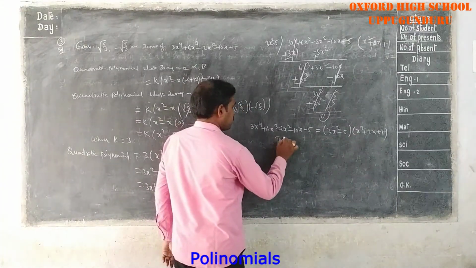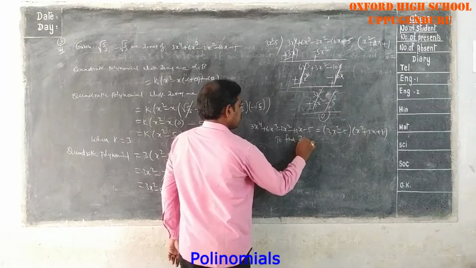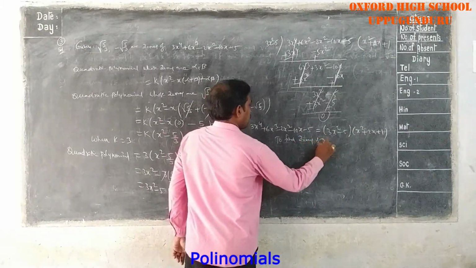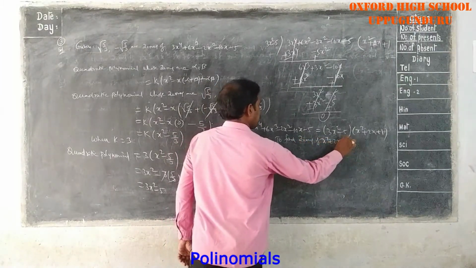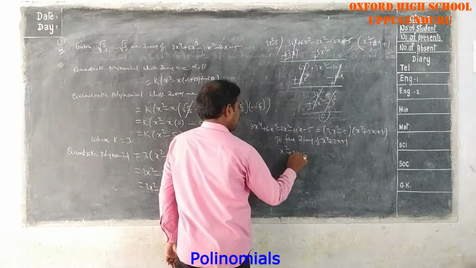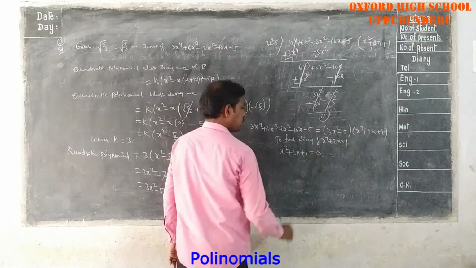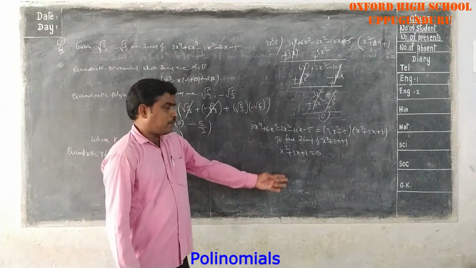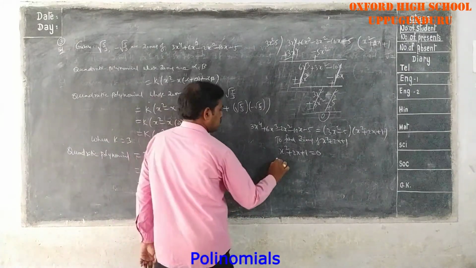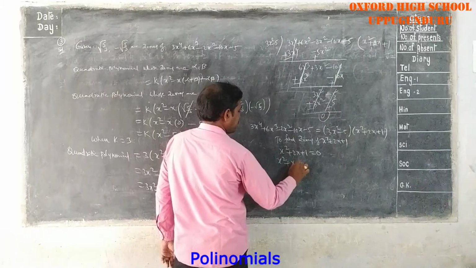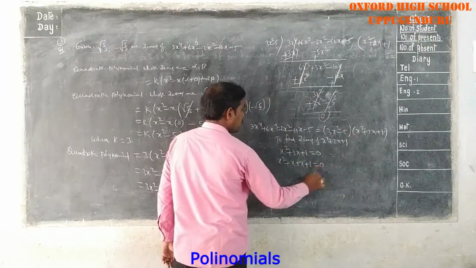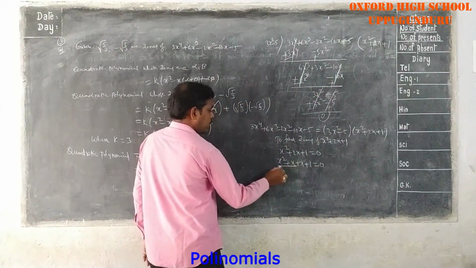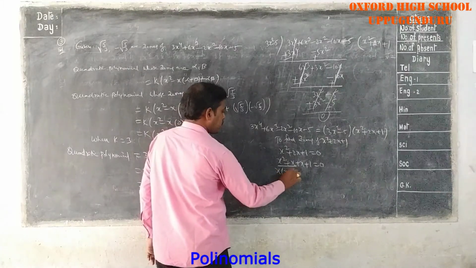Now to find zeros of x square plus 2x plus 1, x square plus 2x plus 1 equal to 0. Now you have to split the middle term. x square plus x plus x plus 1 equal to 0. In these two, x is common. x of x plus 1.